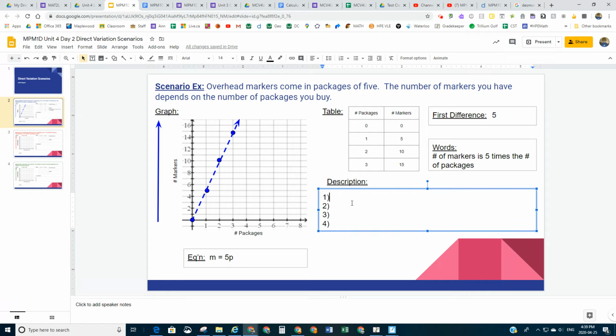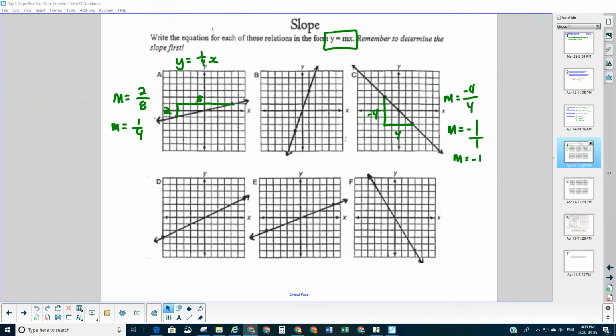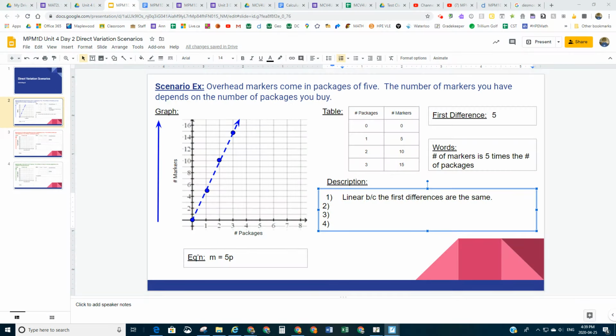So because this one has a first differences of 5, it goes up. I'm going to say that this is linear because, and I'm going to put B/C, because the first differences are the same. That is the reason why we're going to have these first differences at all. Next, we're going to decide, is this a positive or negative correlation?